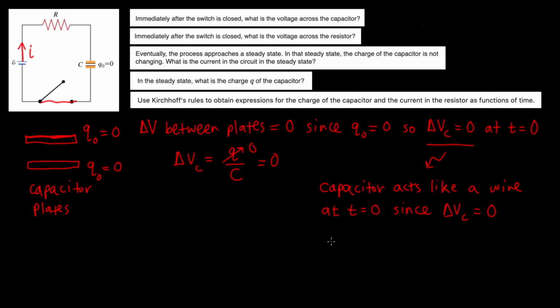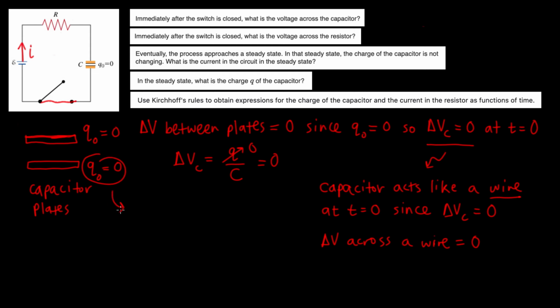And remember that the voltage across a normal piece of wire is also 0 because a wire doesn't have any resistance. So another way to say this is that the capacitor acts like a normal piece of wire at time equals 0, or immediately after we close the circuit.